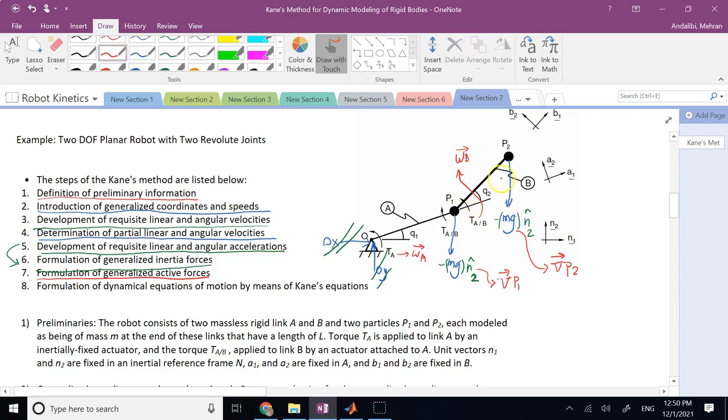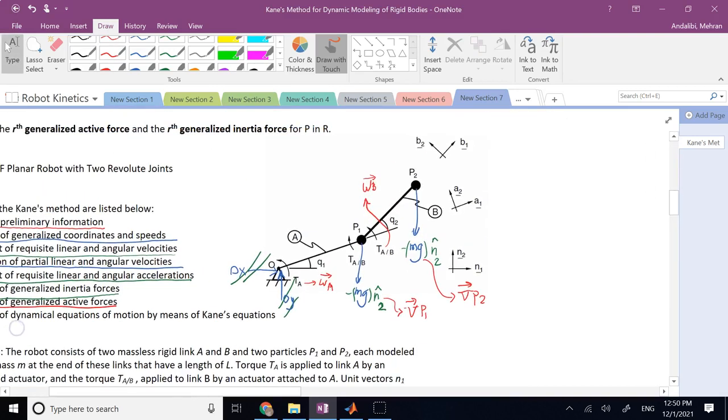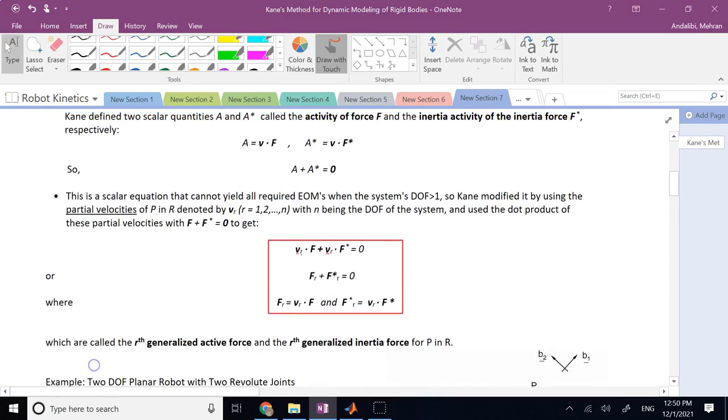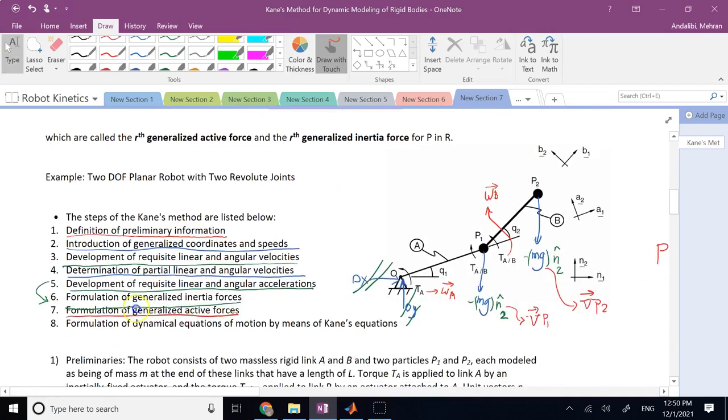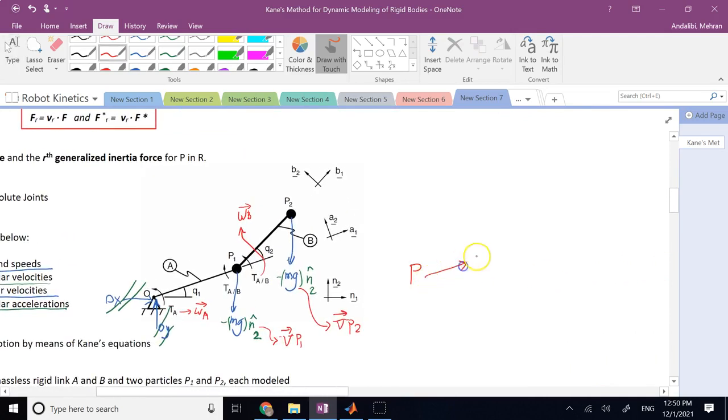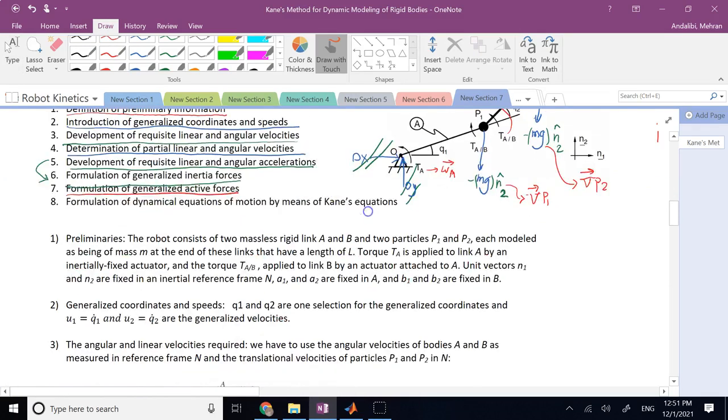So when we do the dot product of these four terms and add them together, that is the total active forces that you have. And remember that the definition of power that I initially described for you: if the system is a linear system, it is going to be V dot F, I'm sorry, F dot V. If the system is a rotary system, it is going to be omega dot T. Okay, so that's what you see down here.